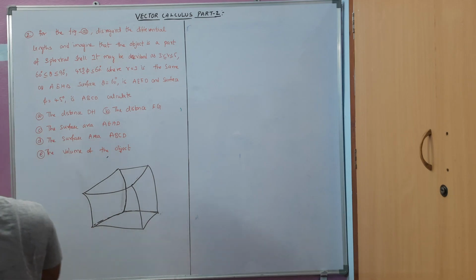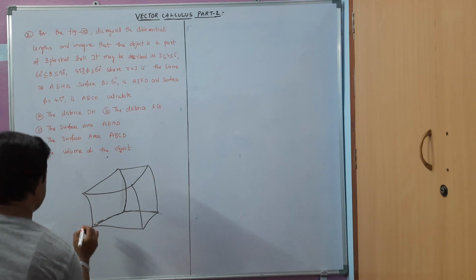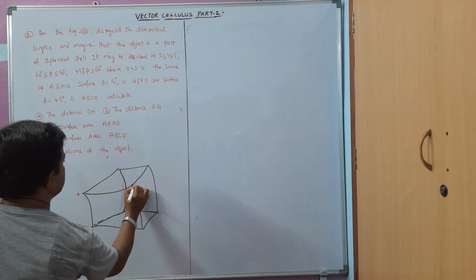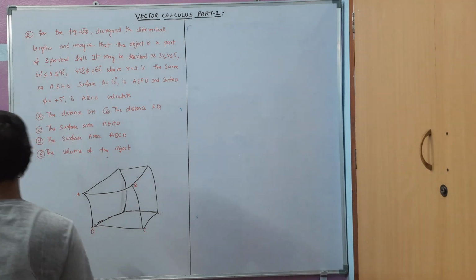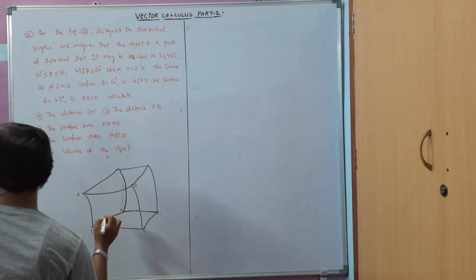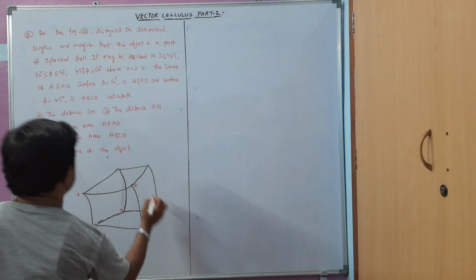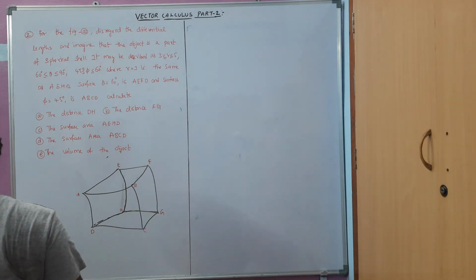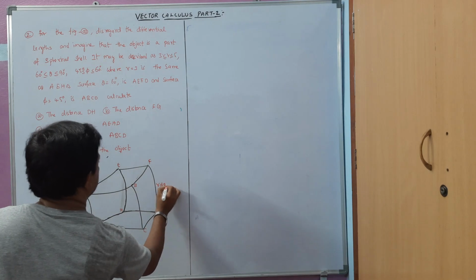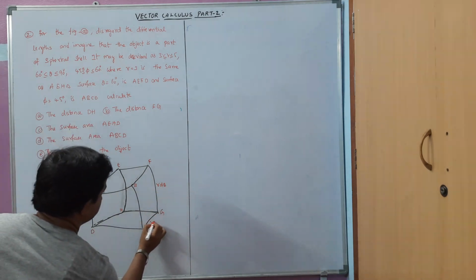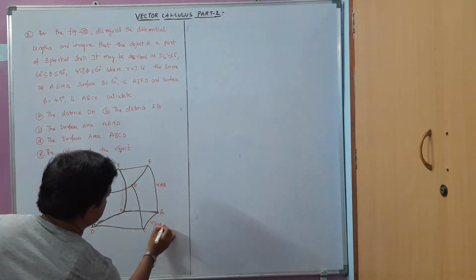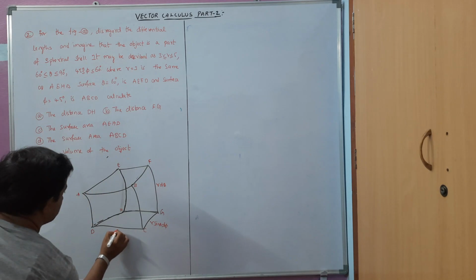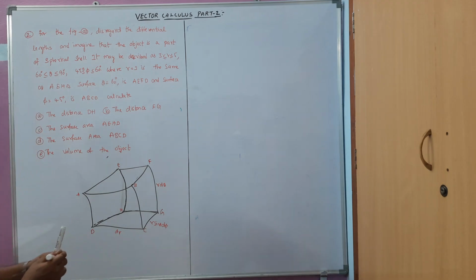This point is D, and A, B, C, D, and it is H, it is G, and it is E, and it is F. This is R d theta, and this is R sin theta d phi, and this is dr. So you can see the diagram is clear now.